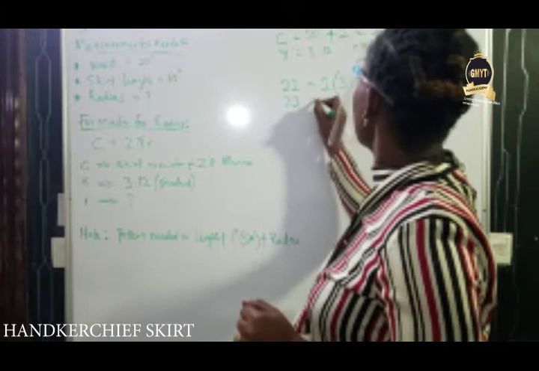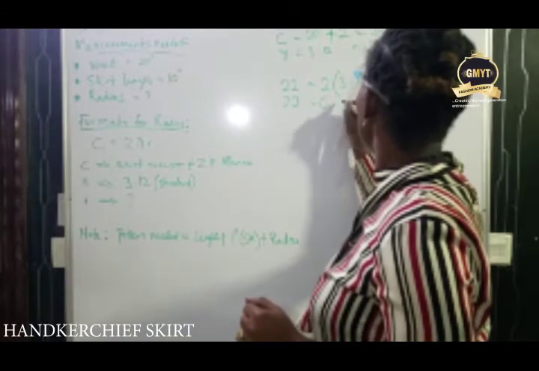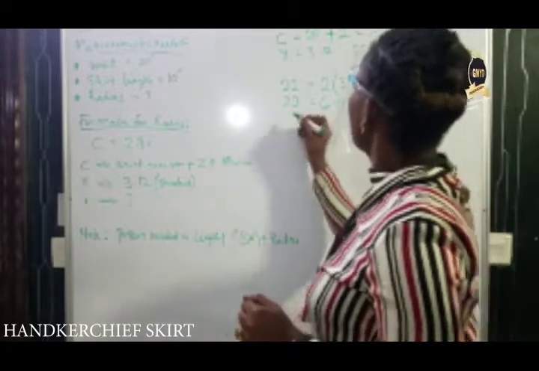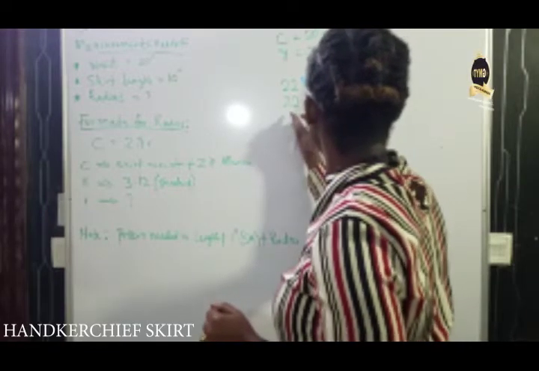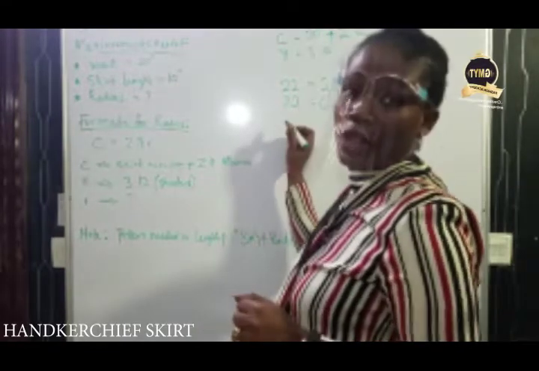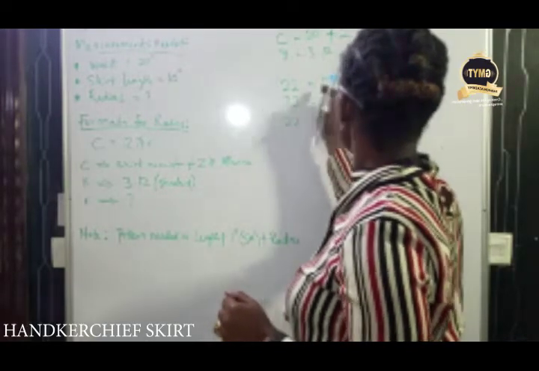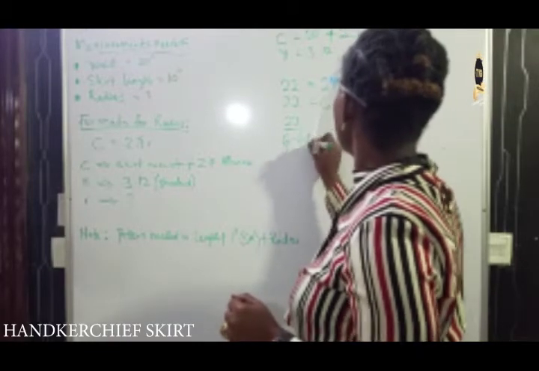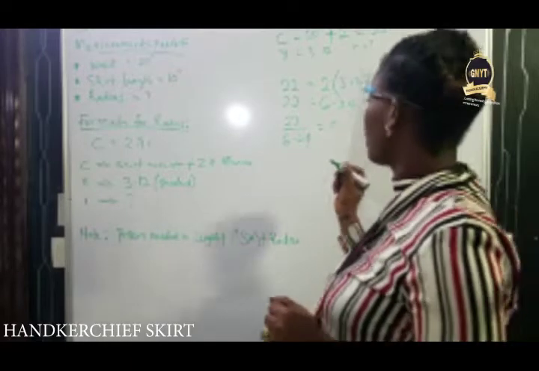So 22, 2 times 3.12 will give me 6.24 R. Using my formula method in mathematics, 22 comes over divided by 6.24, which will give me my radius.